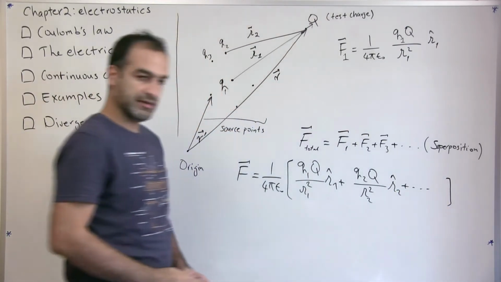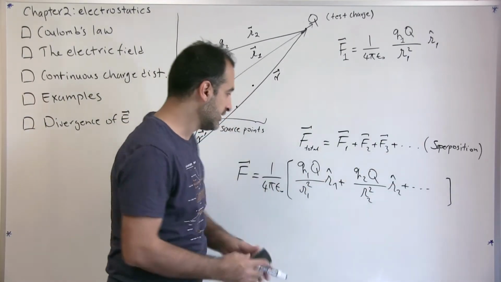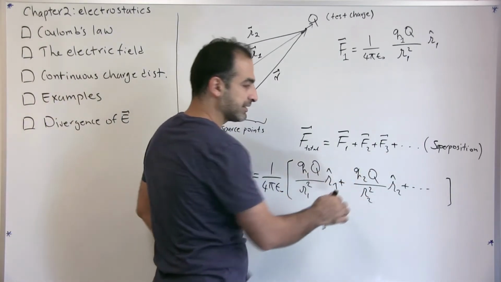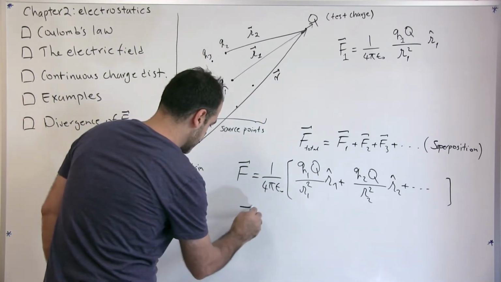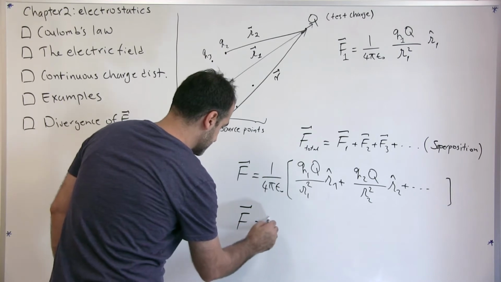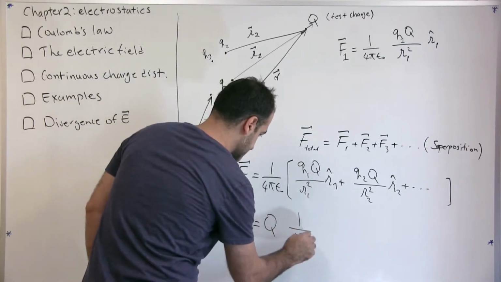What you see is that we have Q1, Q2, and Q3, and so on, but the Q, the test charge magnitude, is the same. So that can also be taken out, and F can be written in terms of Q times all these constants.